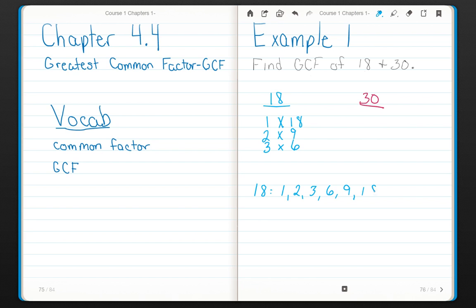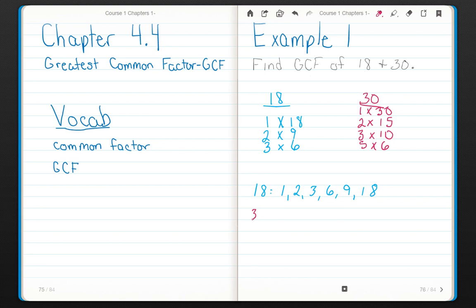9, and 18. The factors of 30, 1 times 30, 2 times 15, 3 times 10. 4 is not a factor, but 5 is. 5 times 6. 7, 8, and 9 are not factors, and now I'm back to 10, and I am finished.